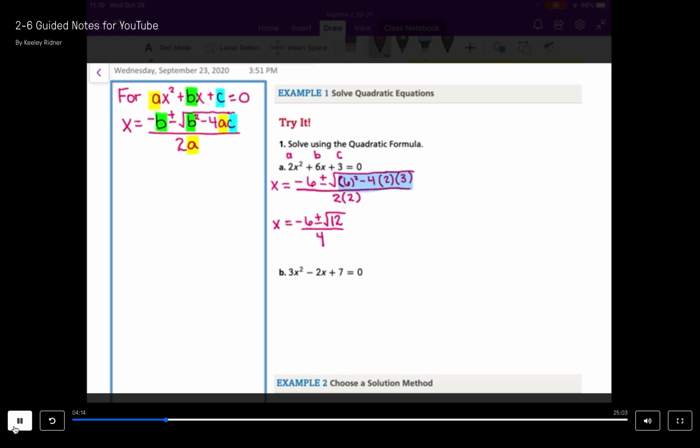It is not the most simplified answer. So to simplify it, we have to simplify square roots. Some of us may remember how to do it, and if you remember how to do it with no type of help from technology, then by all means, absolutely use how you know how to simplify. For the rest of us who want to use technology to help us, in Desmos, we type in the number under the square root with no square root, and we're going to put it over x squared.